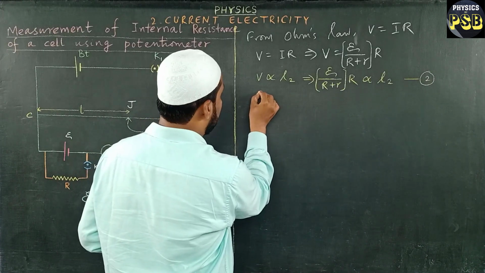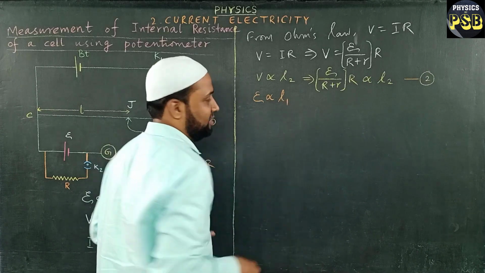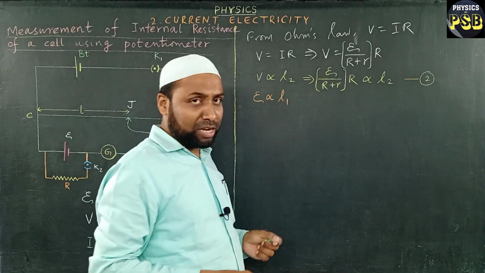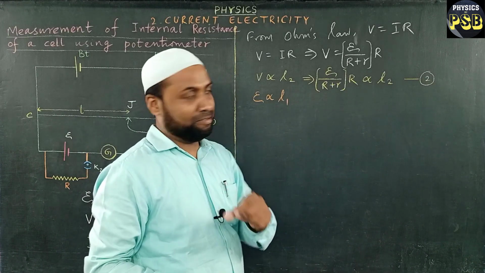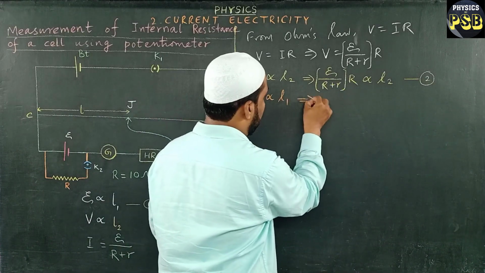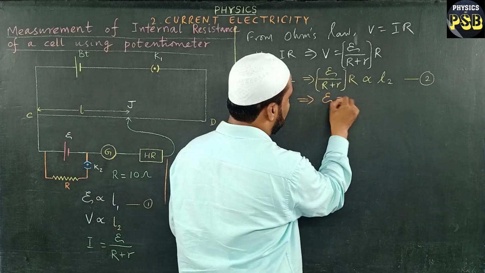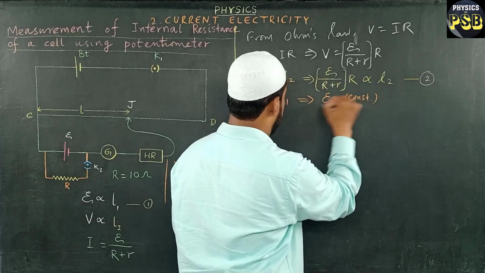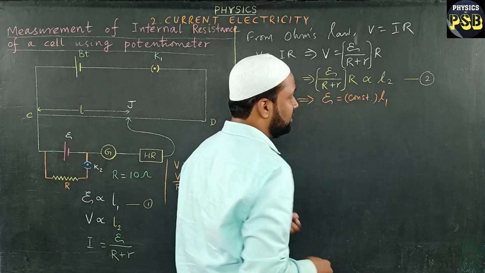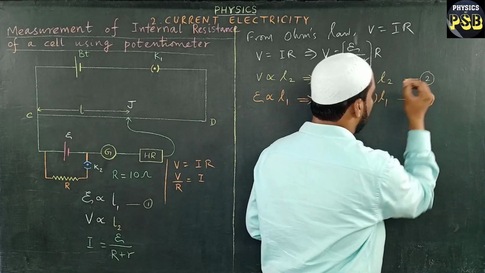What is that? ξ is directly proportional to L1. Now, if I remove this proportionality, I have to include a constant along with the equal to sign. I rewrite this as ξ equals constant into L1. I take this equation as equation number 3.